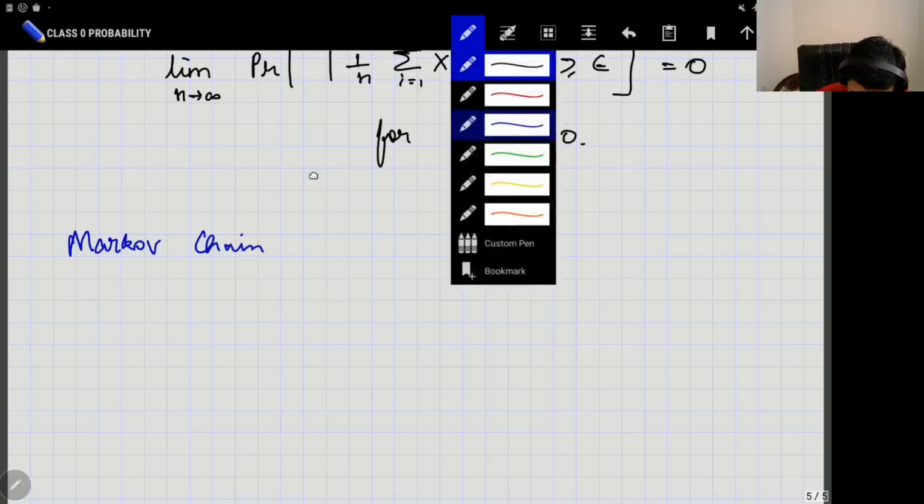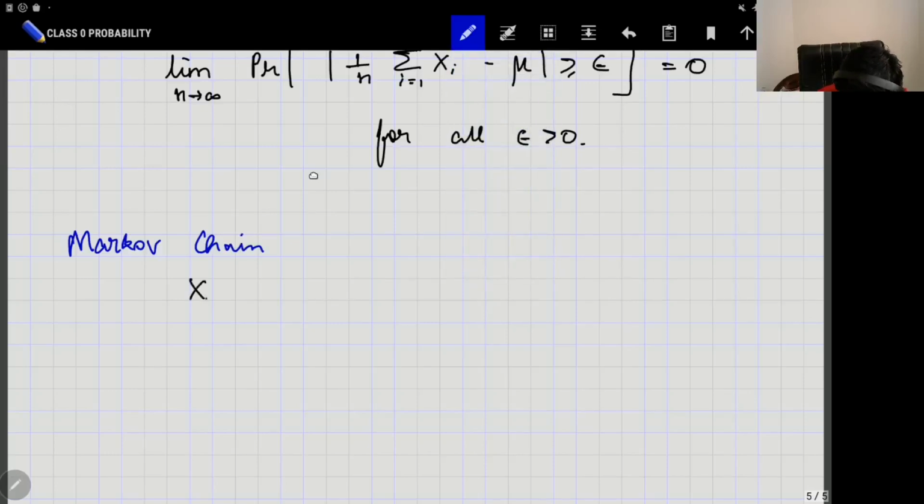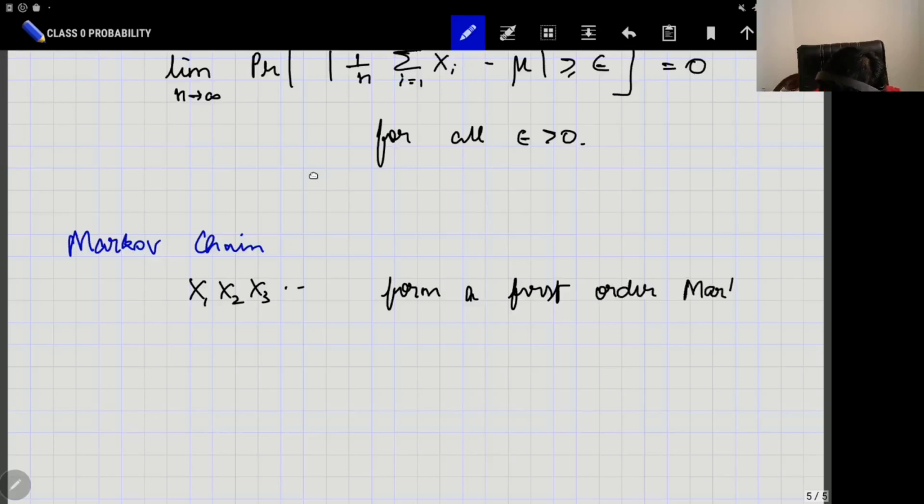So we say that x1, x2, x3, and so on form a first order Markov chain if the following happens.